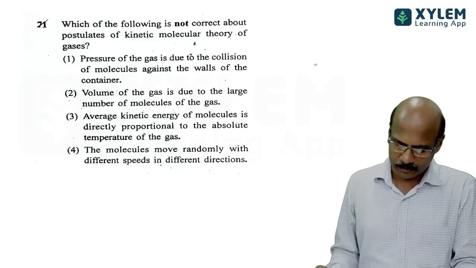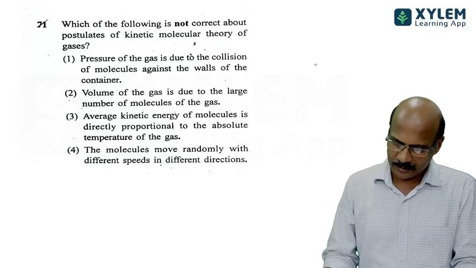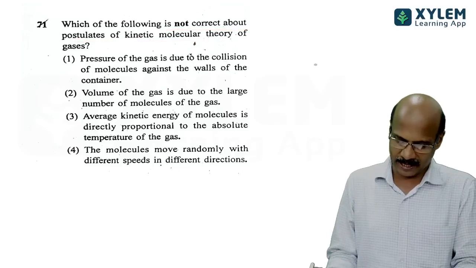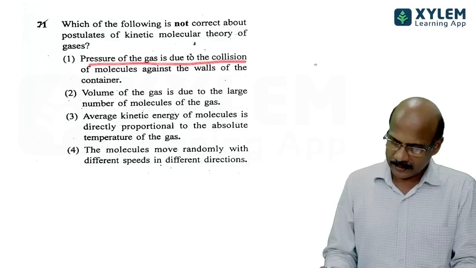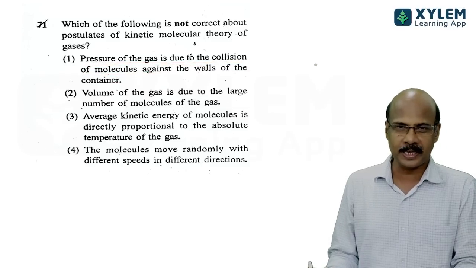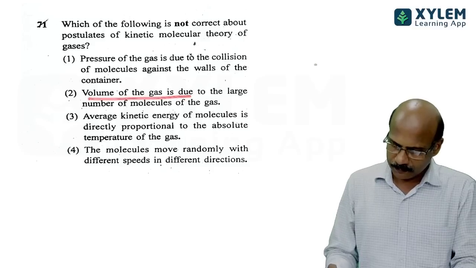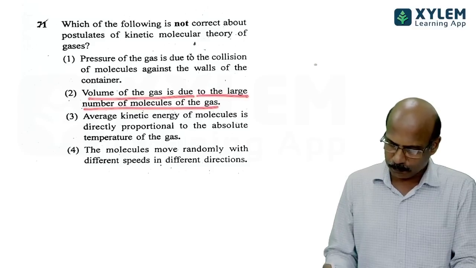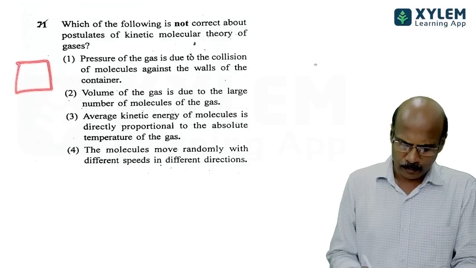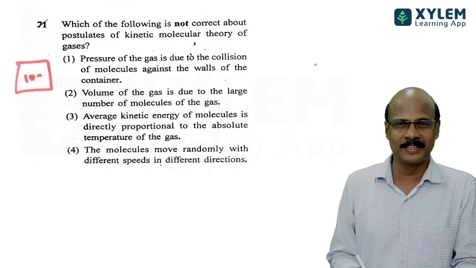Now let me go to question number 71. The question asked is which is not correct about the postulates of kinetic theory of gases. Pressure of the gas is due to the collision of molecules against the walls of the container is the correct postulate. Volume of the gas is due to the large number of molecules of the gas is wrong. If you take 10 molecules in a 10 liter vessel, the volume of the gas is 10 liter.